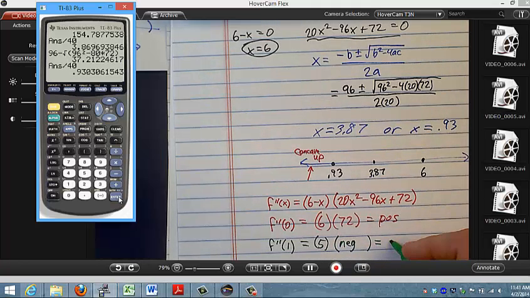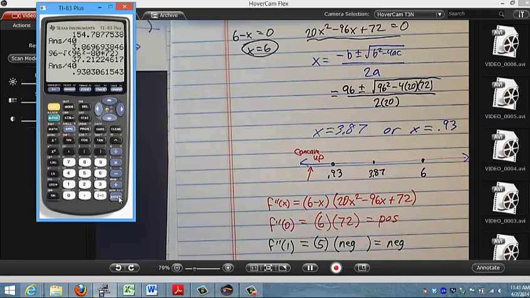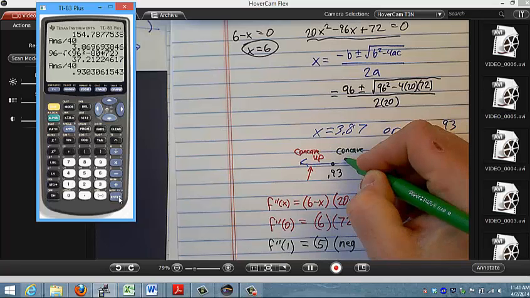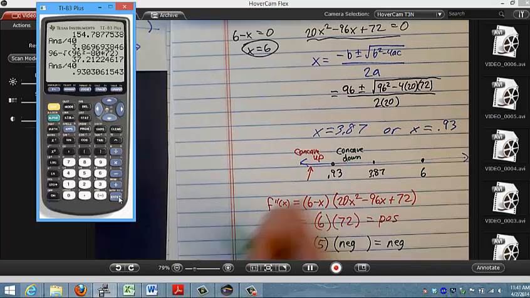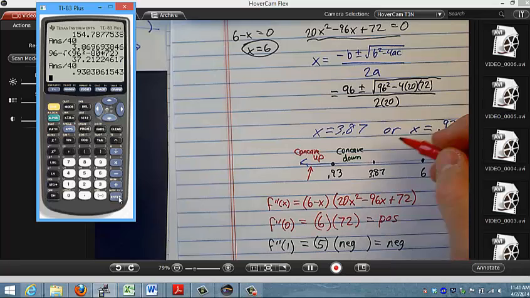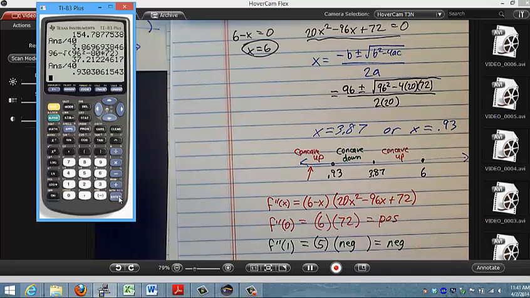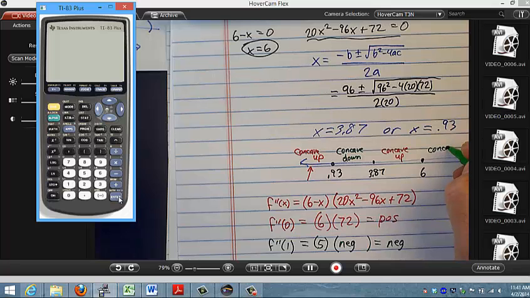And so it's negative. And that means between here and here I will be concave what? Down. Now I'm going to take your guys' word on it that you figured out that this one is concave what? Up. And the last one? Is down. It is? Yes. Okay. Concave down. Wow.